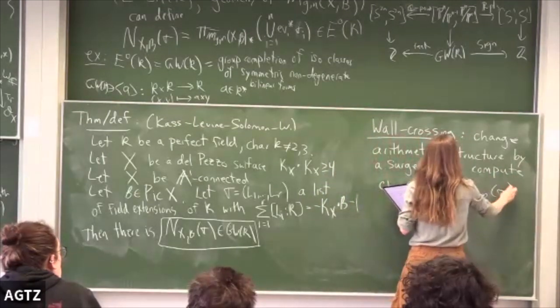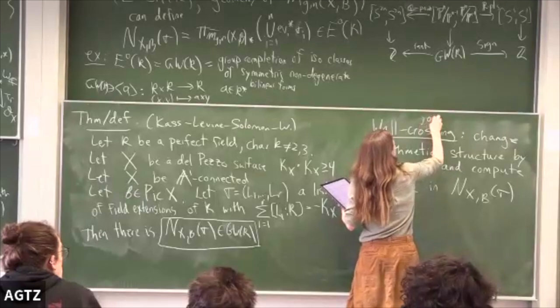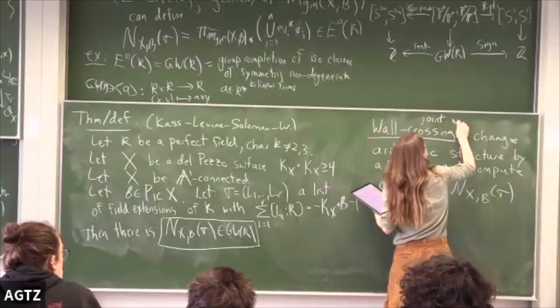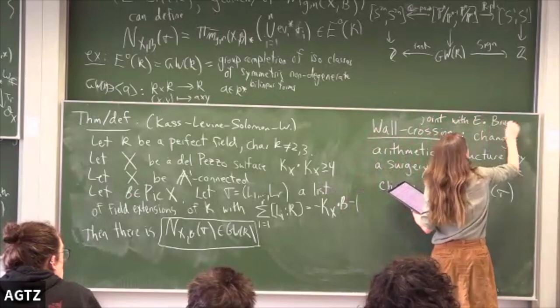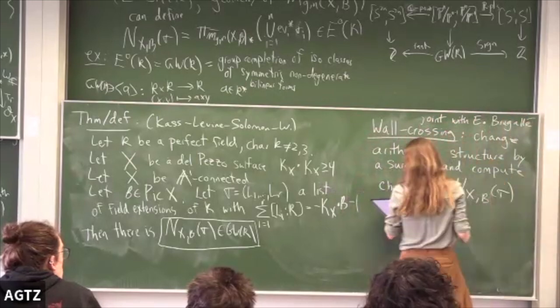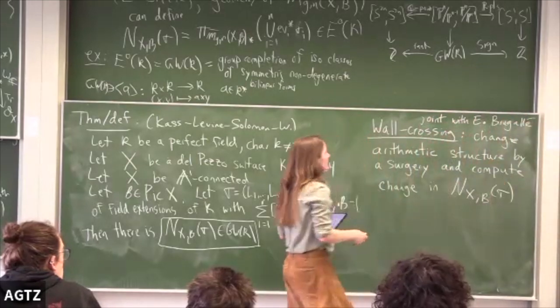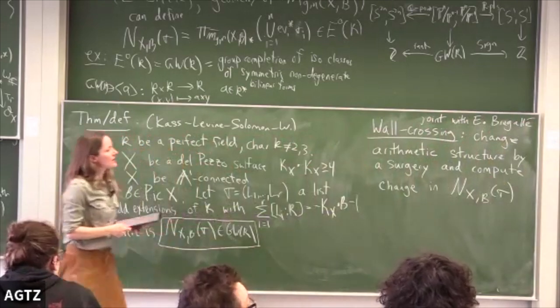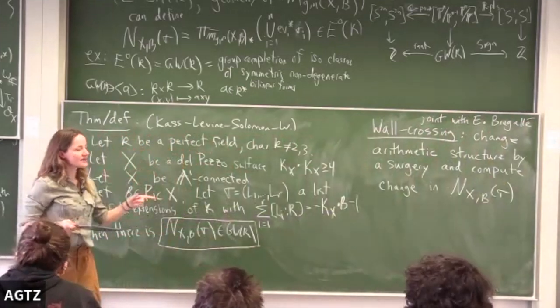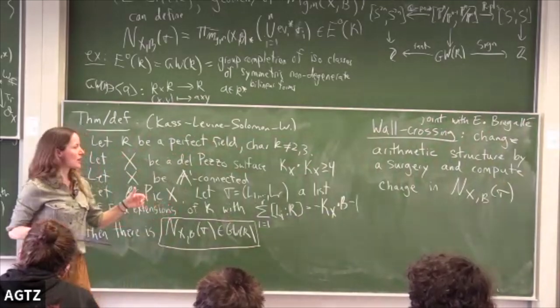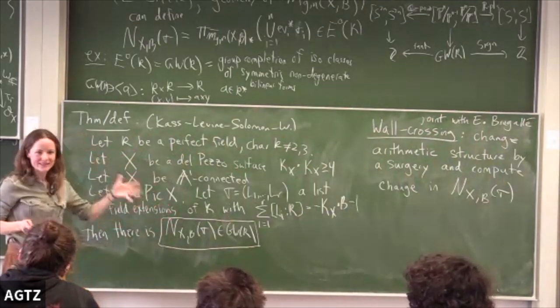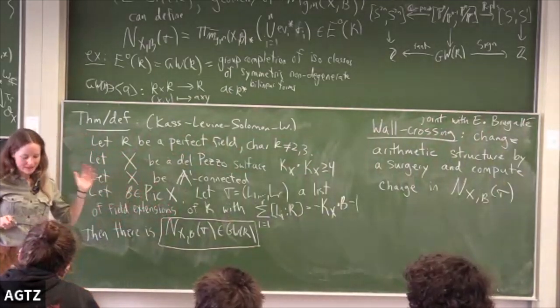And this is joint with A1-Brugler. Surgery here doesn't literally mean the topological kind, although on real points, it literally is a topological surgery.